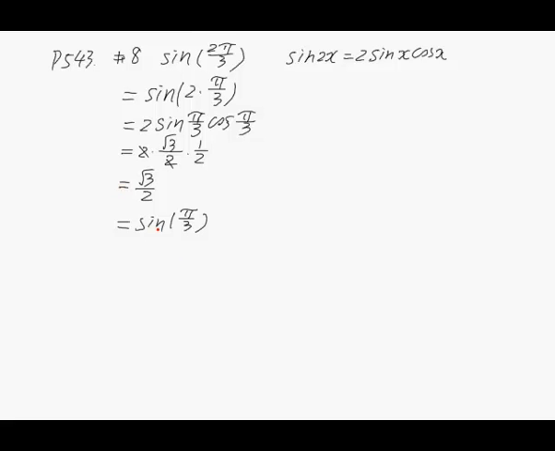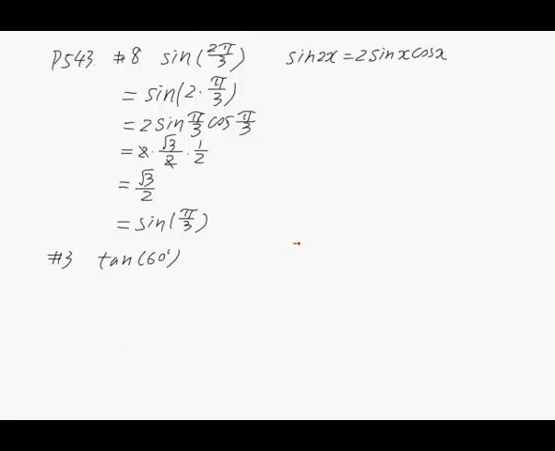Now, let's look at one more example. Number 3, on the same page, we try to find the tangent of 60 degrees. Actually, we already know the value for the tangent of 60 degrees, right? So right now, let me just use this as an example to see how we use the double angle identity for tangent.